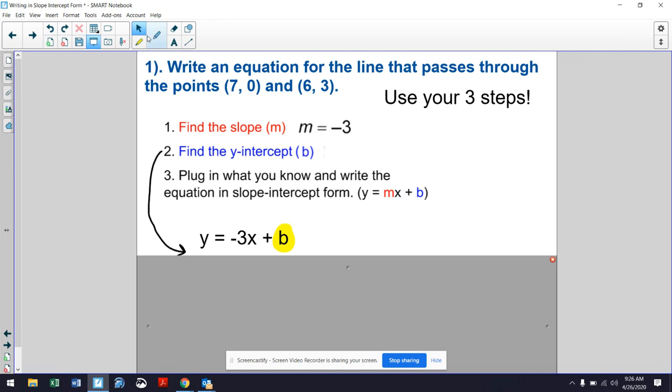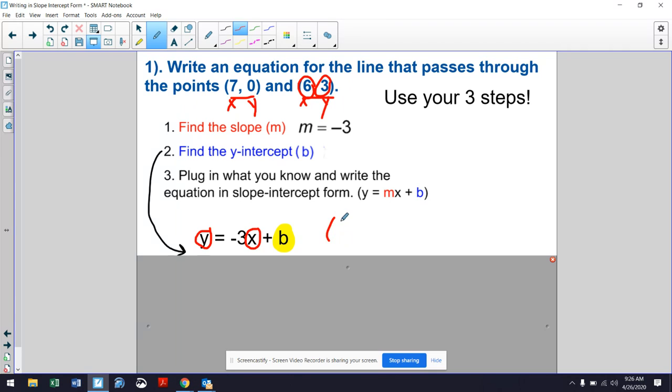The good thing is I've been given 2 points. And in each of these 2 points, I'm given an x value and a y value. Here's another x value and a y value. So if I substitute an x in for the x right here and a y in for the y here from 1 point, I can actually solve for b to figure that out.